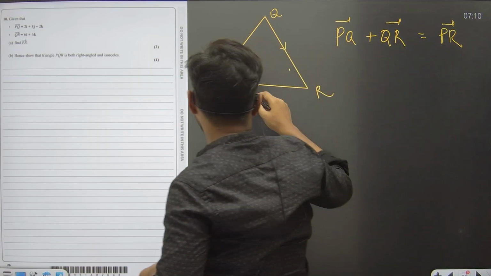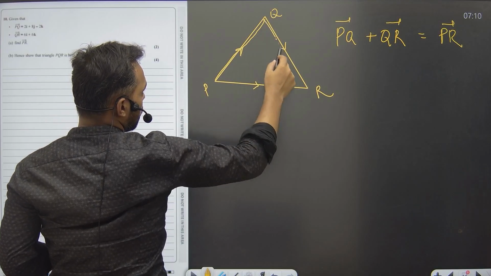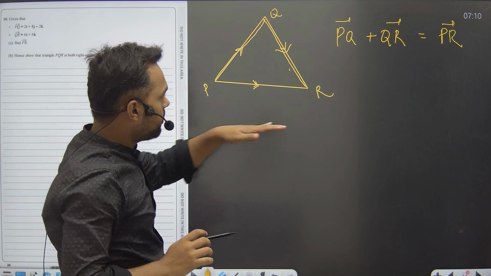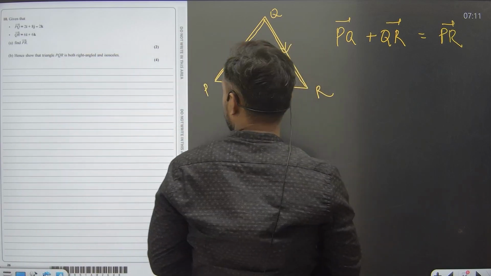How is this so? This is the direction of the vectors PQ and QR, but when you come to the PR vector, it is on the cross side, so PQ plus QR vector will be equal to PR vector.